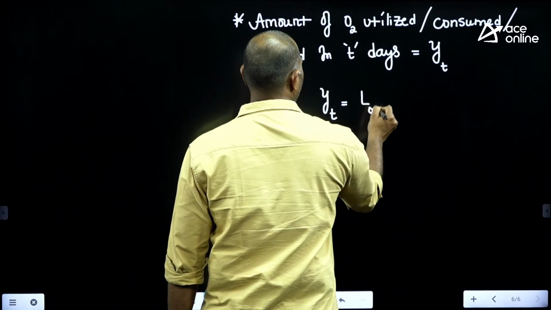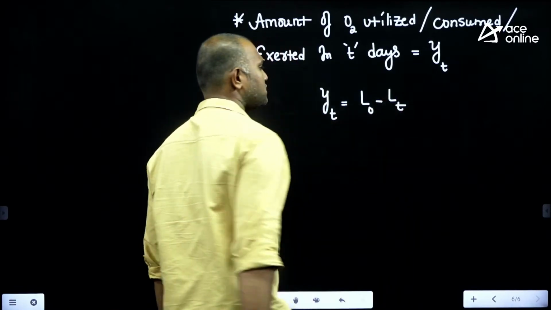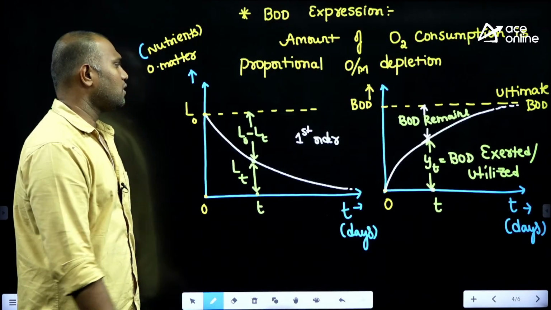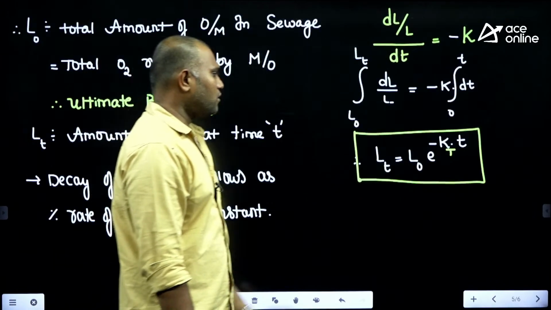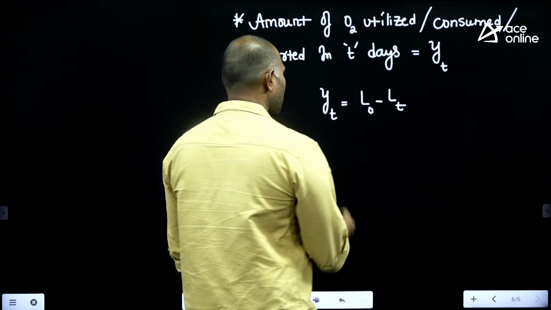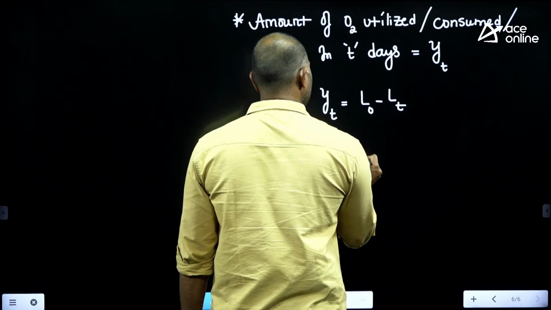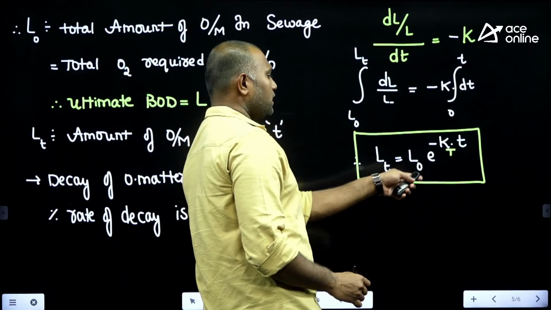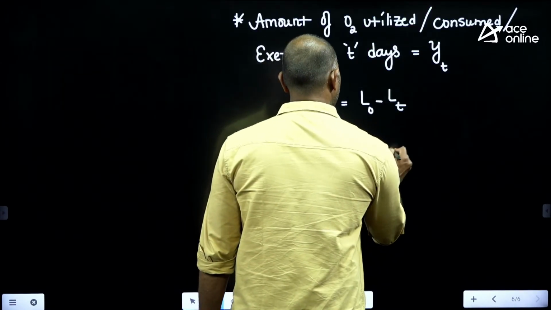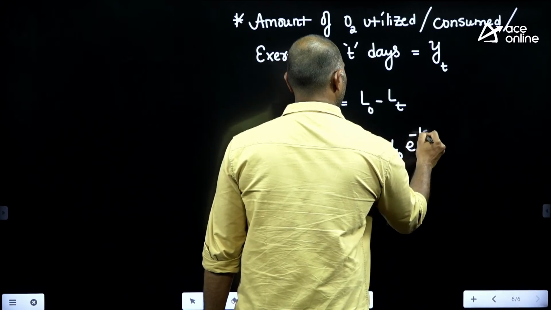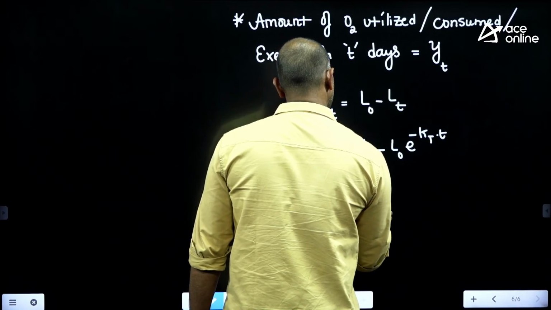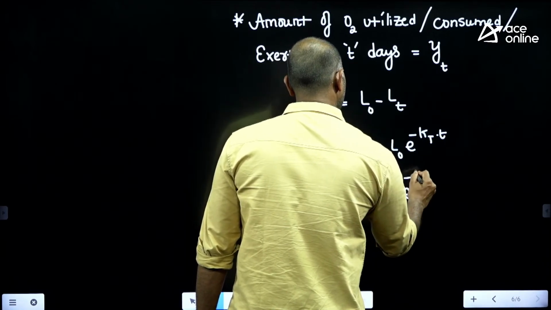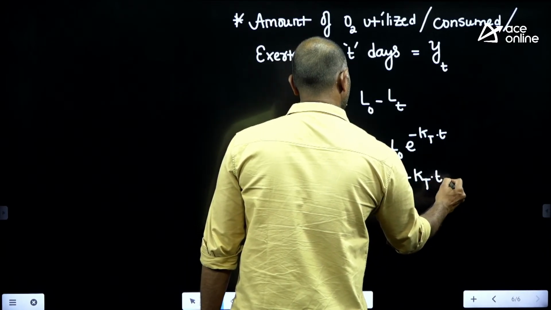It is the amount of organic matter removed from the system: L naught minus LT. Now if you substitute LT, then YT equals L naught minus L naught into e to the power of minus KT. So YT equals L naught into 1 minus e to the power of minus KT.